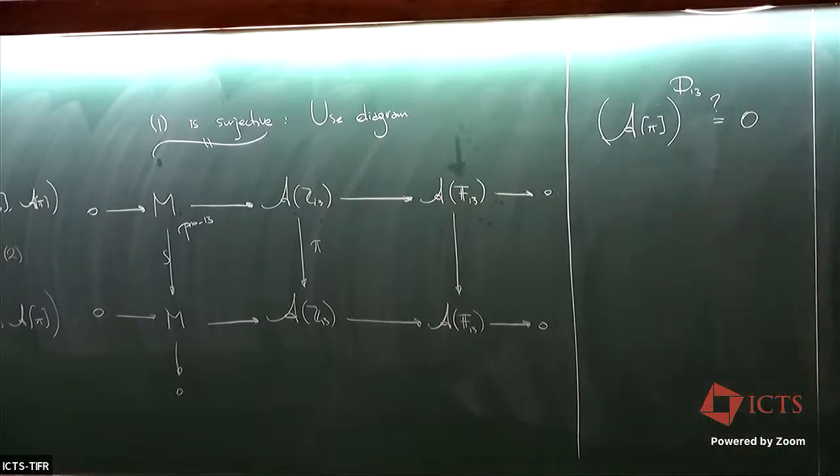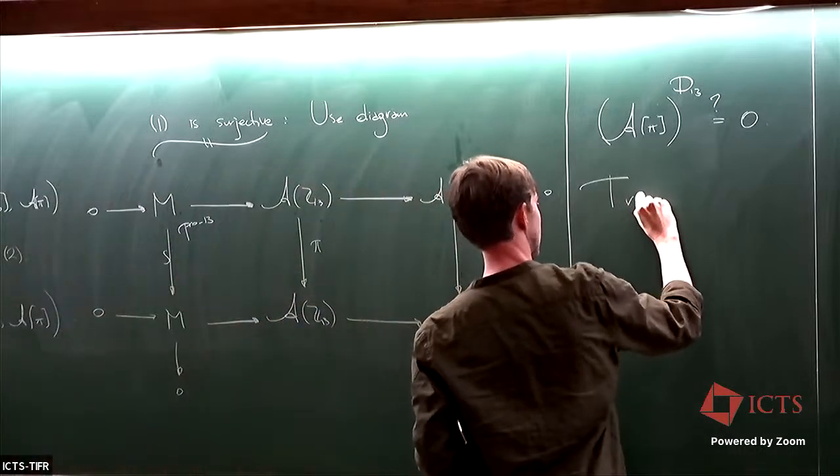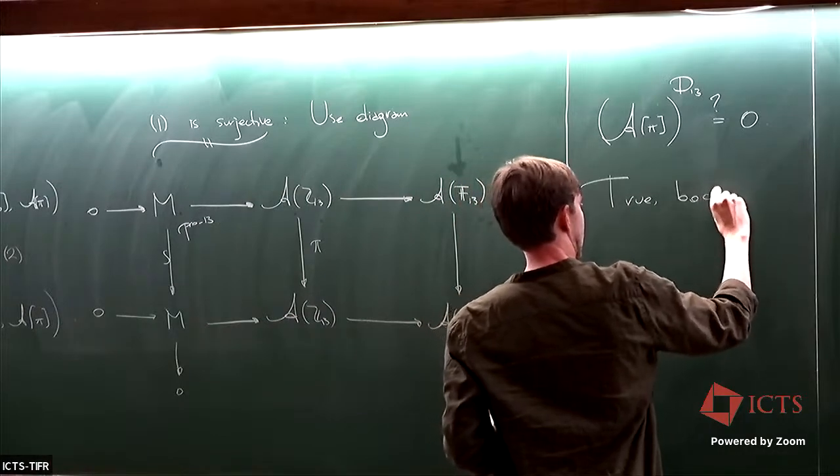Now, why is that true? Why is that 0? Well, we don't have to deal with this module very much because, in fact, we filtered it with two pieces that we understand quite well. So all we need to know is what the D13 invariants are of the two flanking terms. And if we can show that those are both 0, then we're done. So that's what happens in the argument. So this is true.